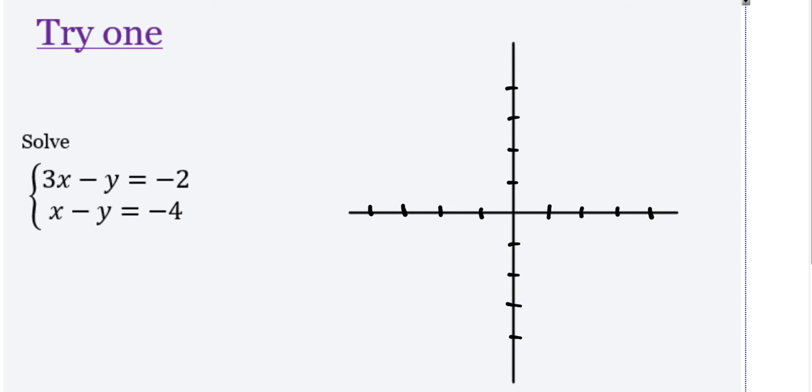And then who's going to graph the other one for us? You can go whenever. 25. Chi-Ling, do you think you could graph the bottom one for us? Excellent. Just make sure you guys don't graph at the same time.